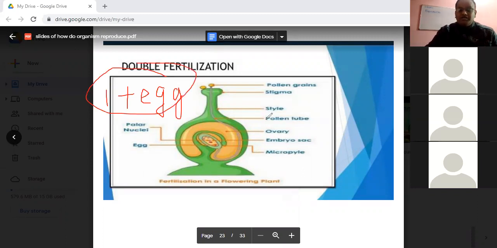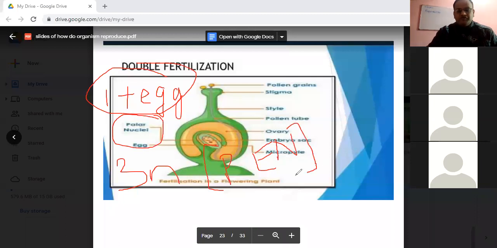Now, what happened to the other male gamete? The next male gamete comes and fuses with the polar nuclei to form 3N. What is the name of this 3N nucleus? This is called PEN, that means primary endosperm nucleus. And what is the role of this primary endosperm nucleus? It gives nourishment to the developing embryo.